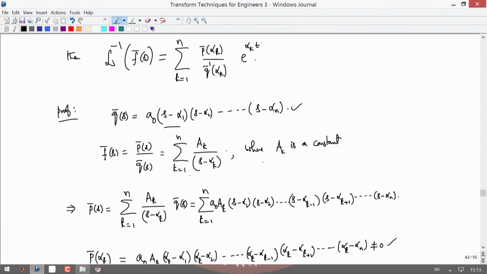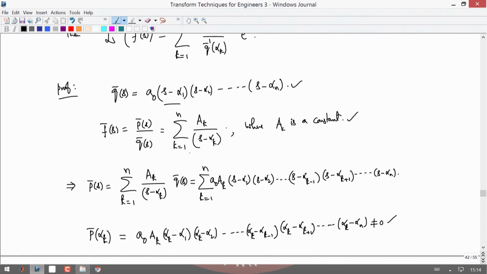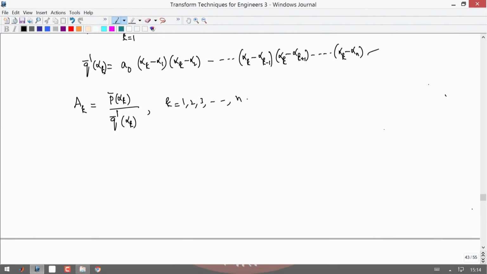If you go and substitute into this, these are the unknown constants, f bar of s is actually equal to the sum with k from 1 to n, a k I am replacing with p bar of alpha k divided by q bar dash of alpha k, there is your a k, times 1 divided by s minus alpha k.